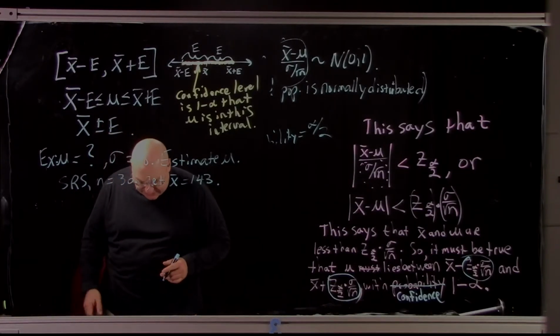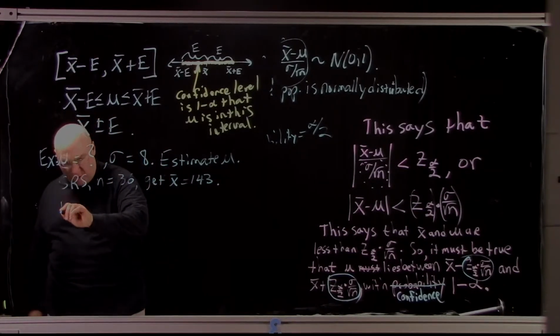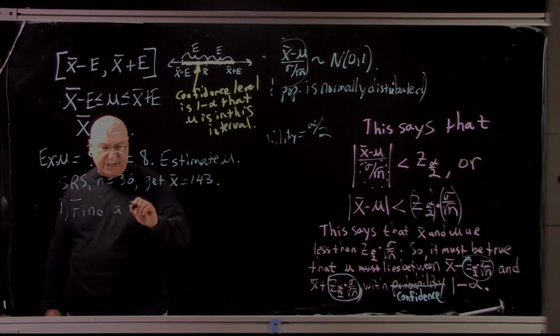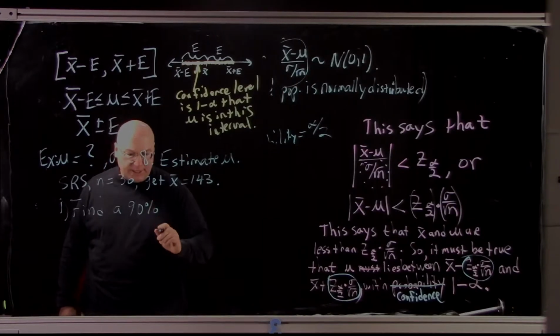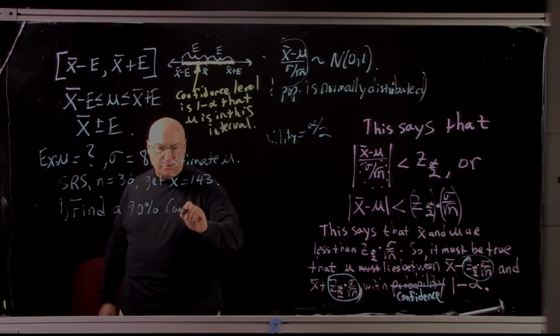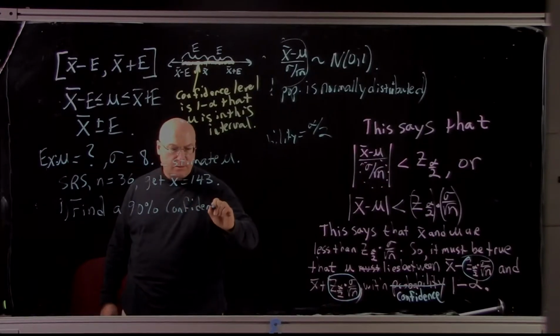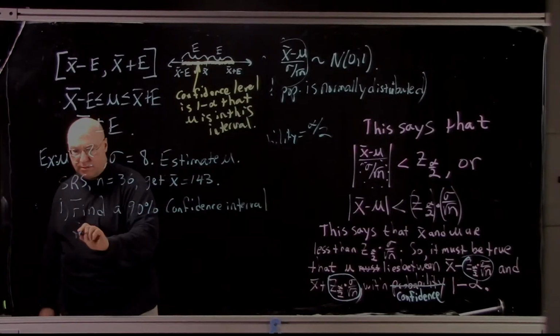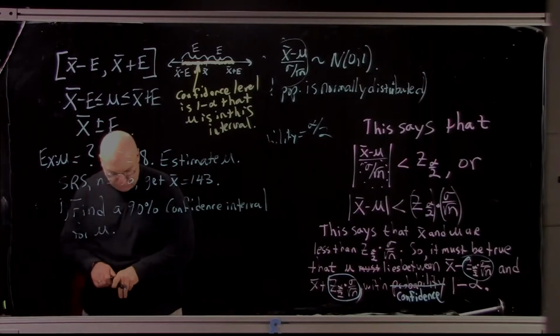So I say here, number one, this is how it's usually stated. Find a 90% confidence interval for mu.